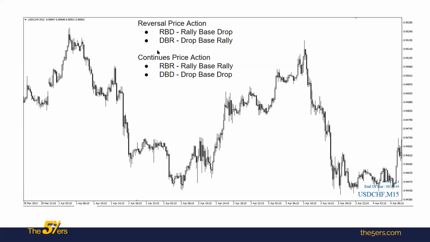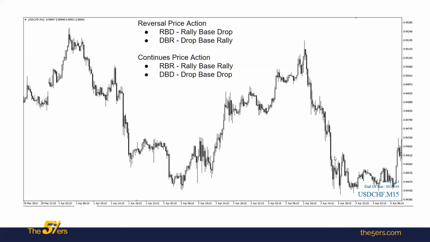So we have actually two broad terms. One is rally-base-rally, which is a continuation, or drop-base-drop.